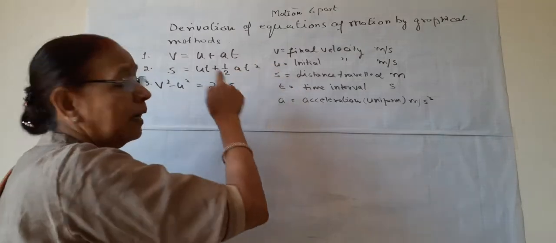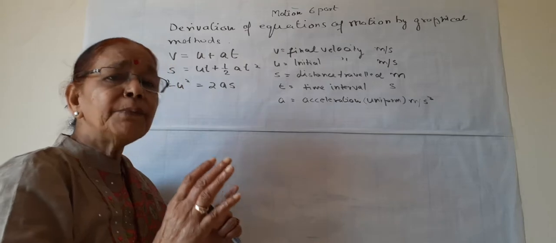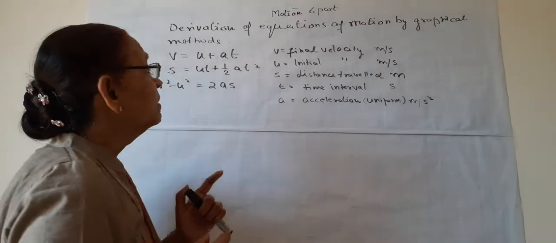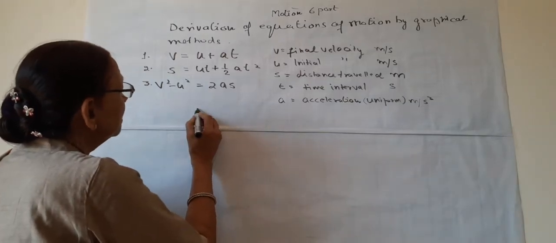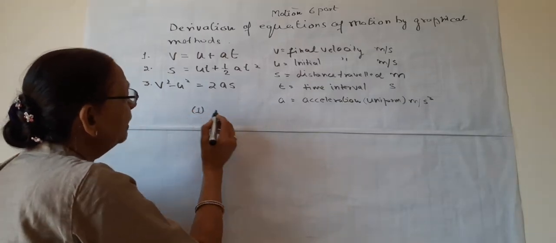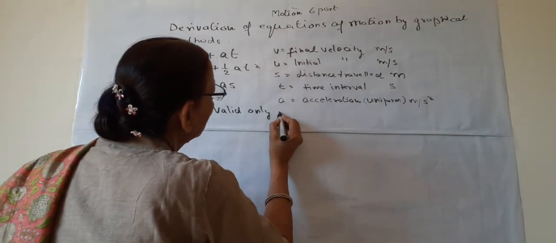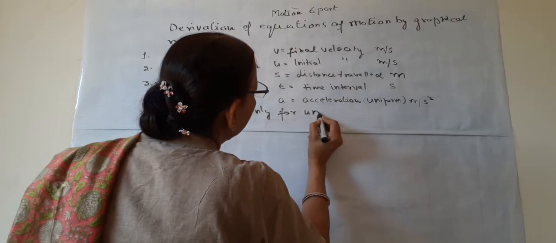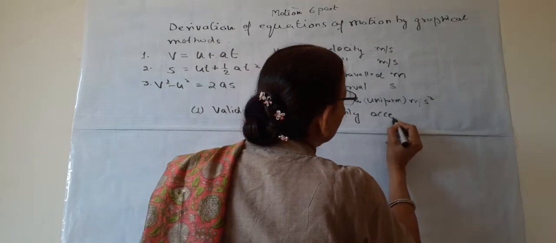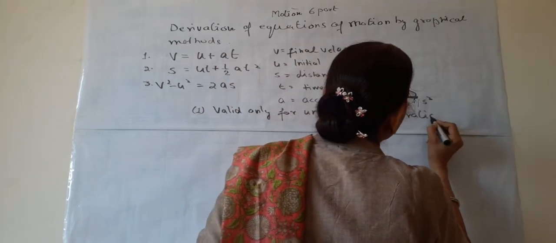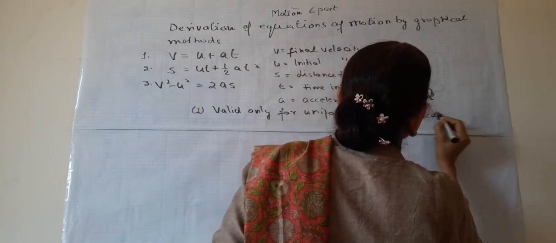You learn by heart all these 3 equations of motion. Write them 10 times in your notebook. So these are 3 equations. What are the characteristics of these equations? When are they valid? They are valid only for uniformly accelerated motion.